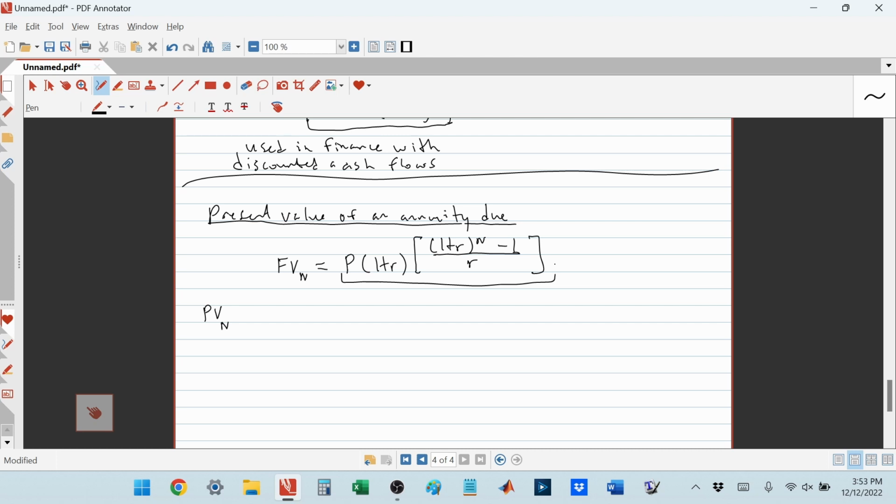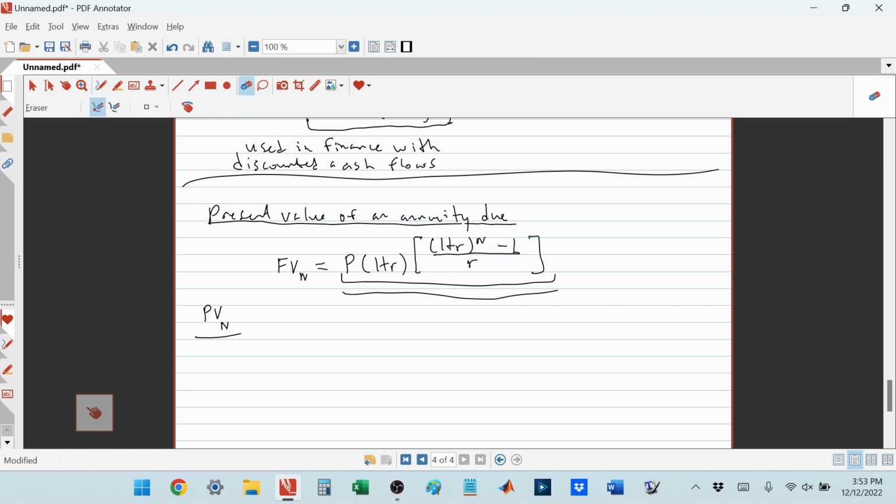That's the present value of an annuity due. It's an amount that makes me indifferent between getting this amount right now and investing it once, or investing P dollars at the beginning of every period for the next n periods. And we know that if we did that, the account will be worth that much after n periods.